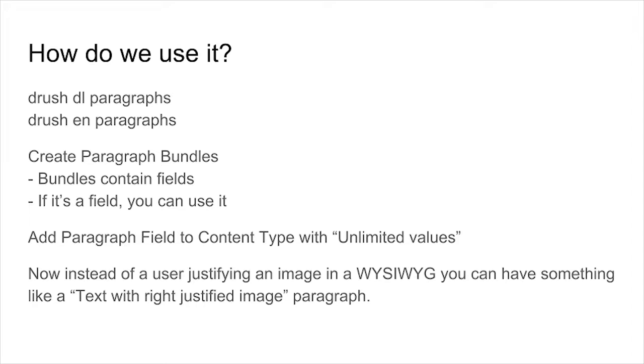So how do we theme it? Really important. Kind of not useful if you can't theme it. Entity paragraphs item is the default CSS class that it puts on all the divs. Paragraphs item dash bundle name is what it puts around the div of the individual bundle.